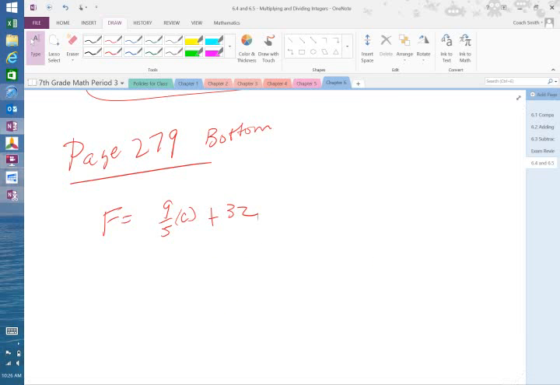Okay, that's to convert Celsius to Fahrenheit. To convert Fahrenheit to Celsius, then the formula is this. Okay, now all you have to do is this.